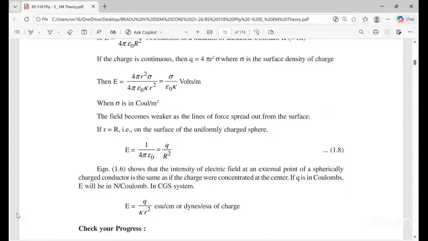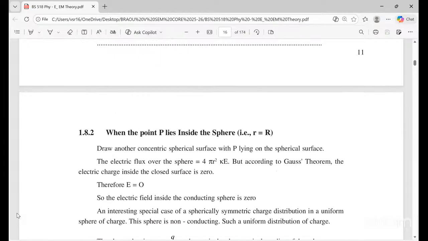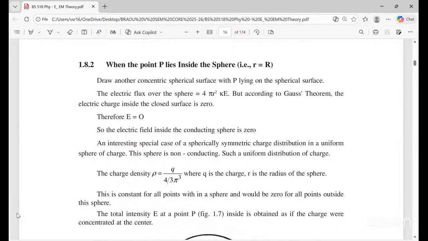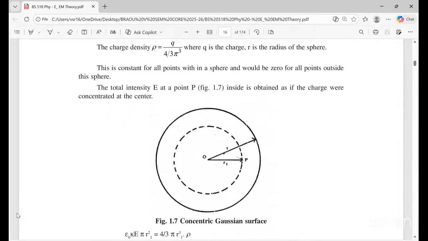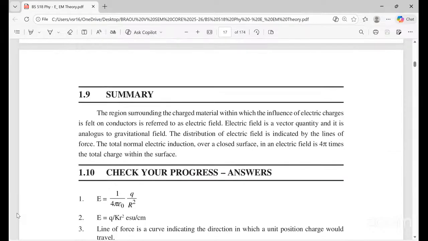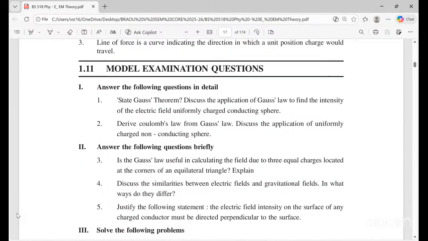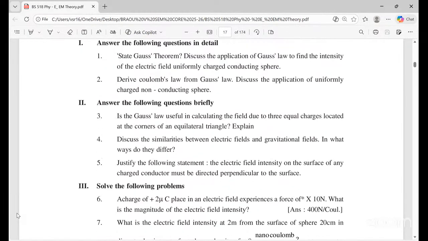With respect to the graphical representation, you need to project this. Okay. So E values outside are decreasing, inside increasing. You see here the calculation part. You can go through this. On the surface it remains the same.